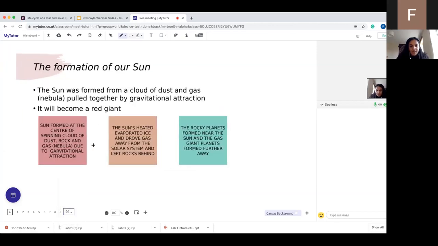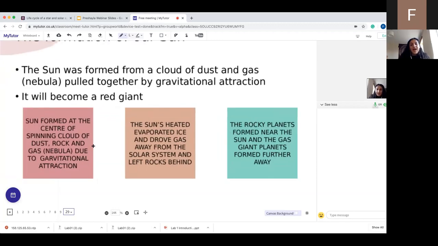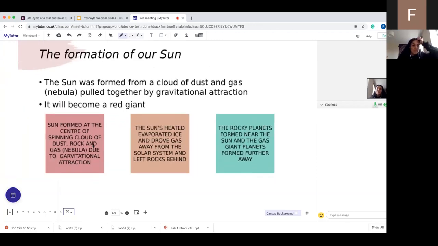Okay, so we need to talk about the formation of our sun. How did our sun come to be? So the sun was formed from a cloud of dust and gas called a nebula. All stars start from this. Okay, all stars, no exceptions. All stars form from a cloud of dust and gas, also known as a nebula.